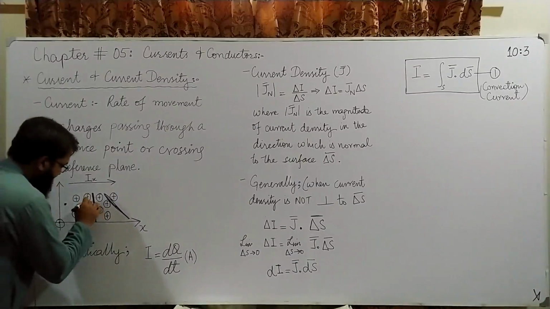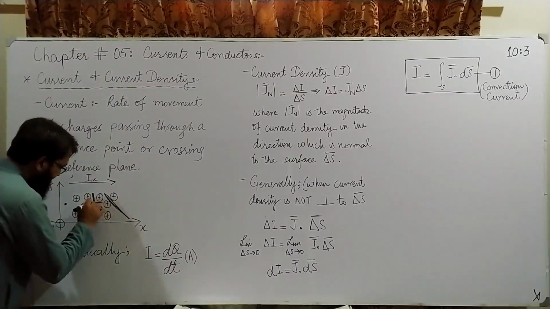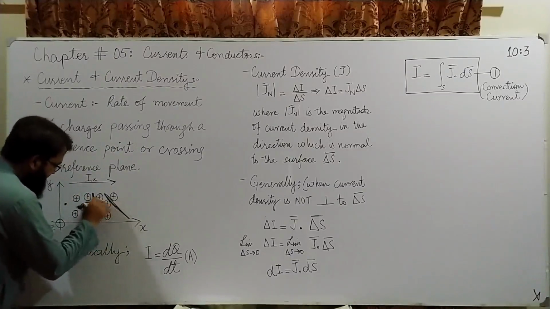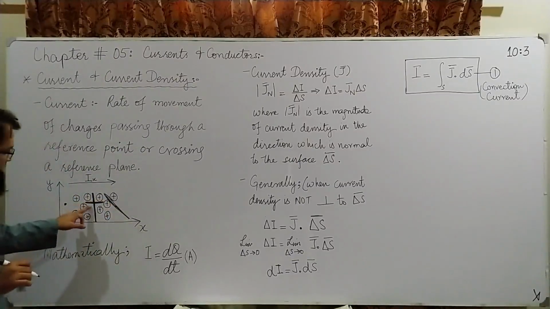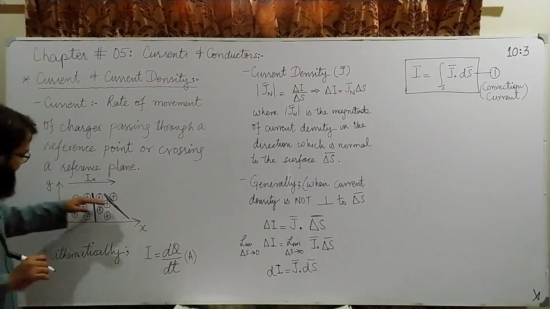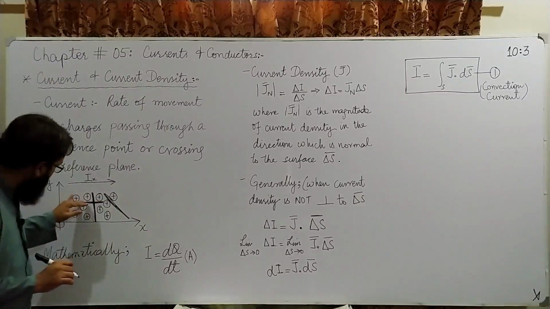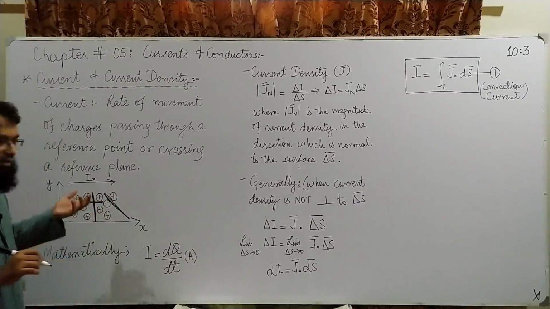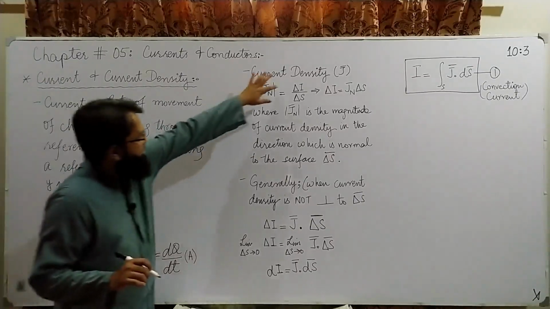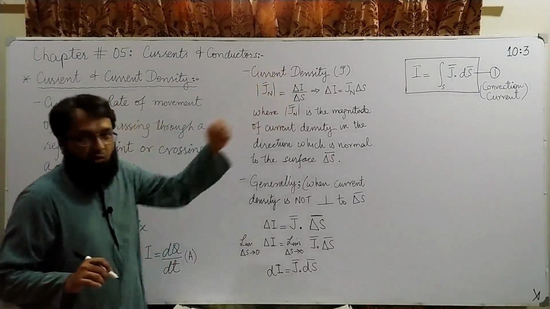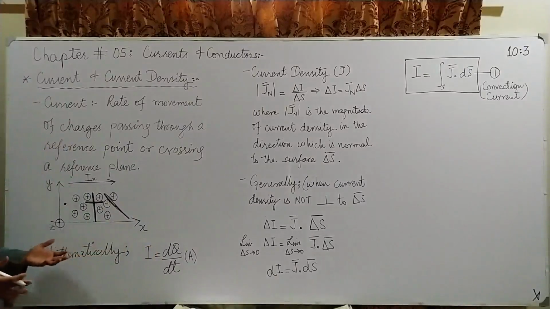Had I considered this plane, how much current will be crossing this plane? 0. And how much is the surface area? Non-zero. So 0 divided by non-zero will give me 0.